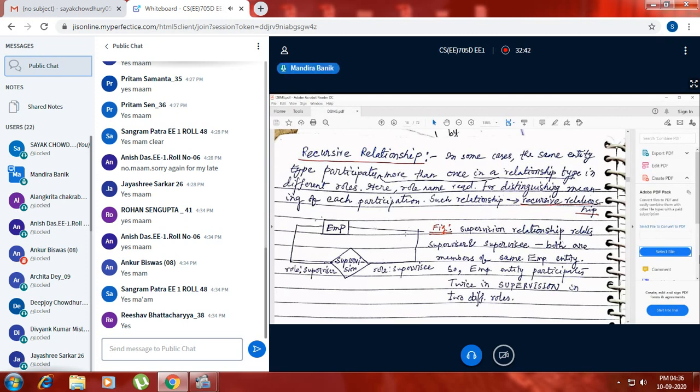So in some cases, the same entity type, that is employee, participates in a relationship more than once, in different roles: once in the role of supervisor and secondly in the role of supervisee.